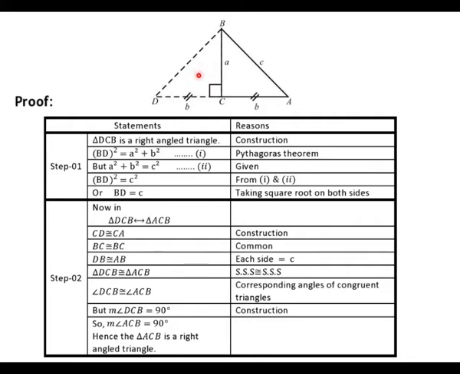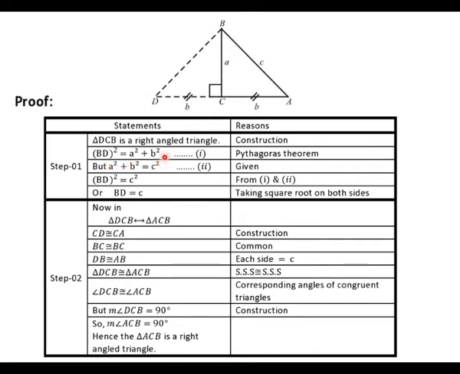If this is the right angle triangle, BD will be the hypotenuse, so the square of this BD is equal to the remaining two sides, a and b. So BD square is equal to a square plus b square, and the reason is, as I just told you, Pythagoras theorem. But in the given, we were also given a square plus b square is equal to c square.